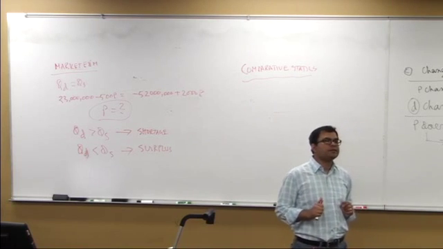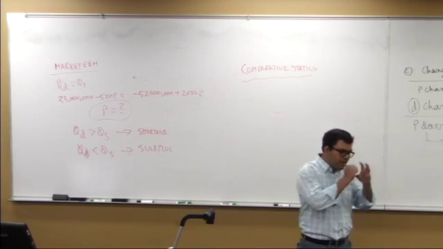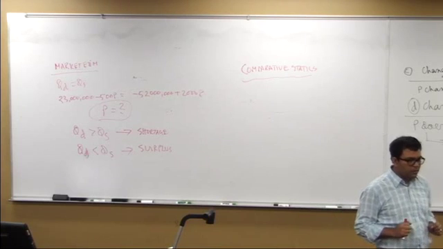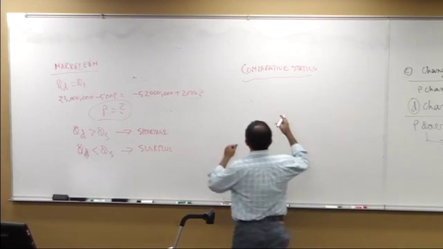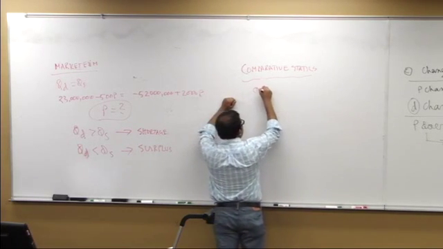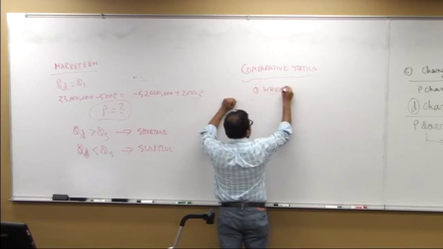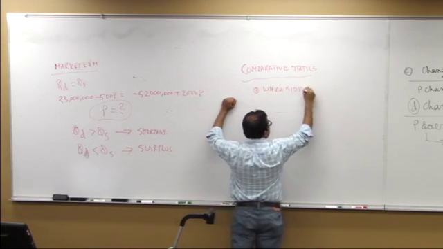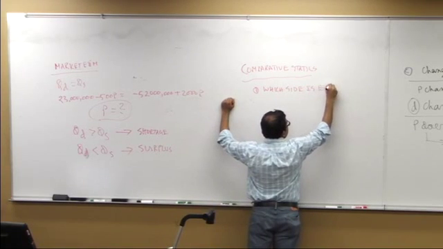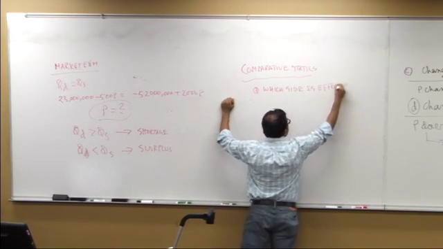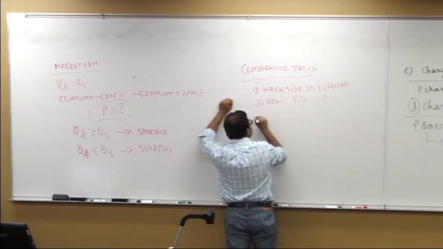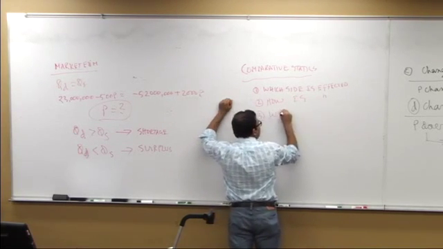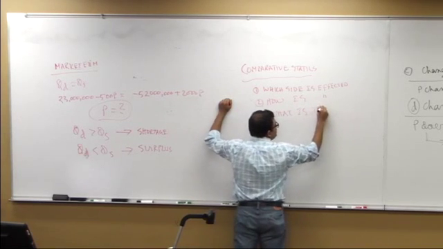Because comparative statics is sort of like an experiment that we carry out in our market model, where we usually go through these three steps. Step one is to figure out which side is affected, how it is affected, and what the effect is.